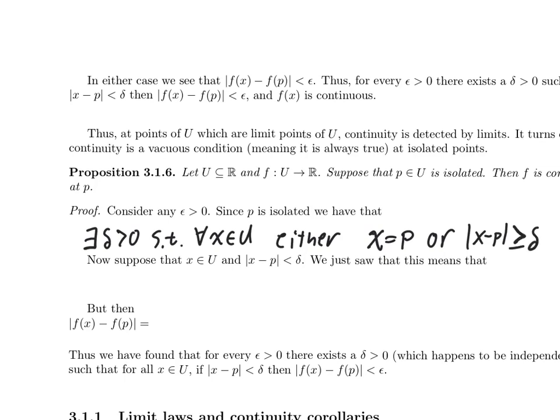So now let's consider any x in the domain U, and let's assume that the absolute value of x minus p is less than delta.